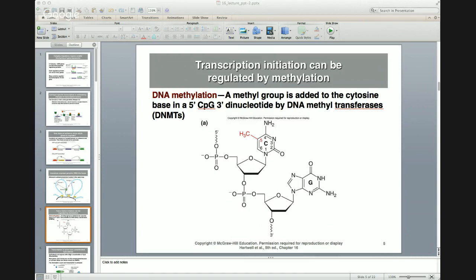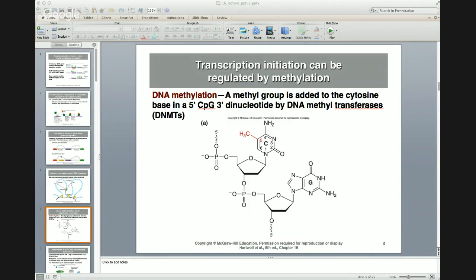On the other hand, methylation of CpG islands will silence gene expression. In the absence of activators, the CpG islands become methylated, and that methylation causes the closed configuration of the chromatin.